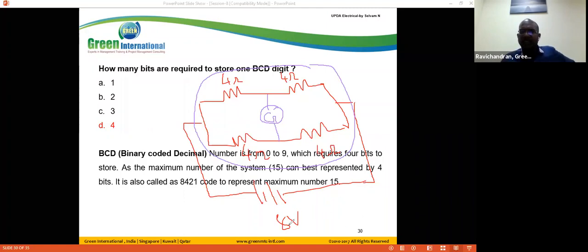Here we are applying 8 volts. First consider there is no galvanometer here. That means the voltage across this combination is 8 volt because it is a parallel circuit.